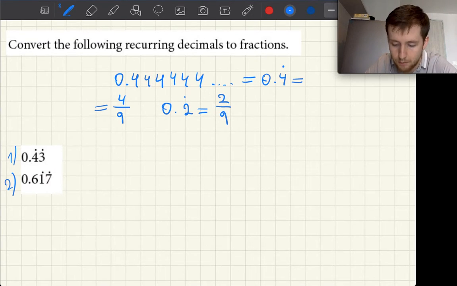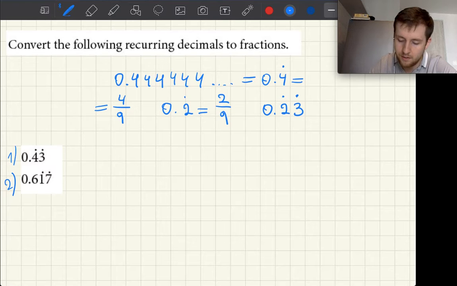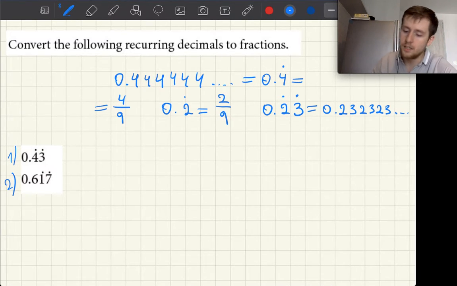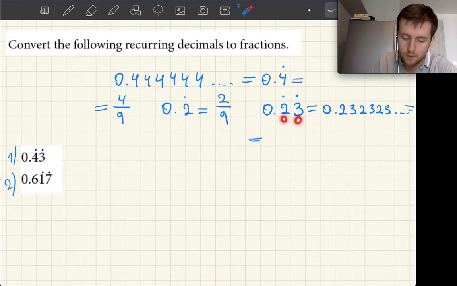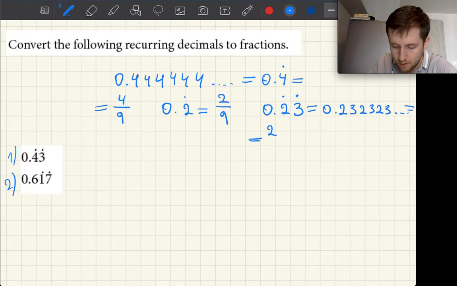And if you have two numbers repeating, say 2 and 3, which is 0.232323 and so on, there are two numbers, so it becomes 23 over 99.